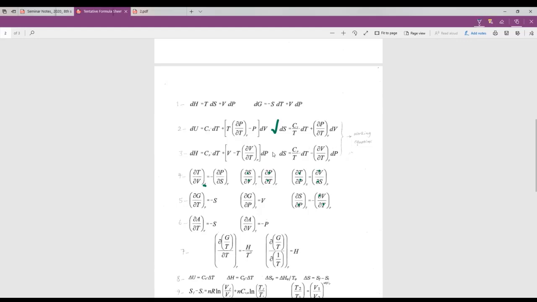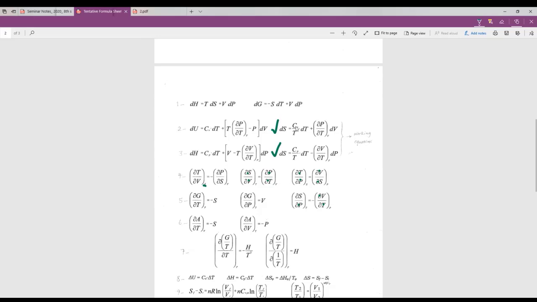Another important thing about these two equations is that they are general. So other than phase transition and reactions happening in the system, they can be used in general, which means that you can use them for liquids, for solids, for gases, for reversible processes, for irreversible processes.